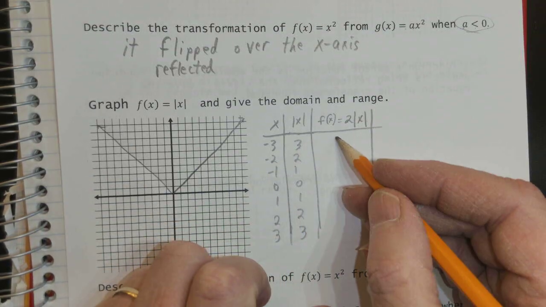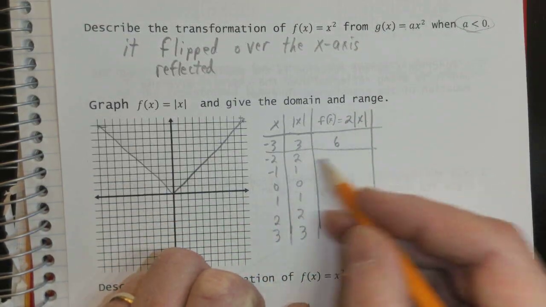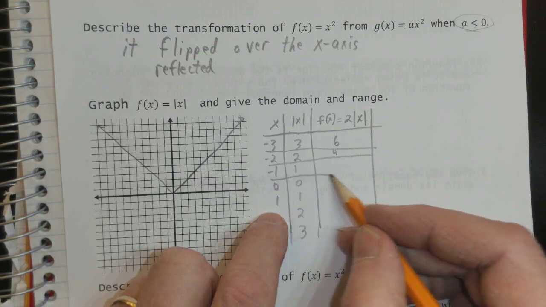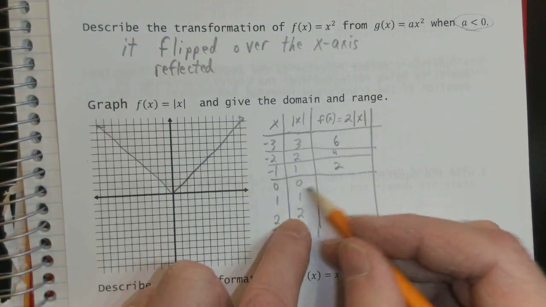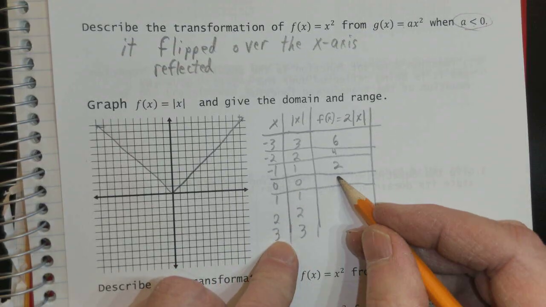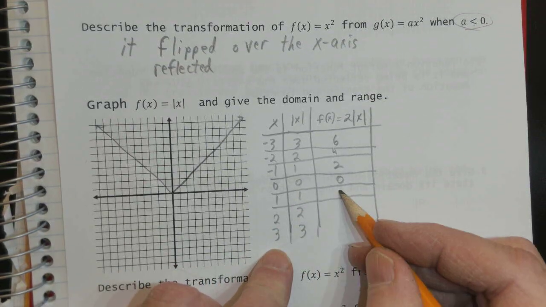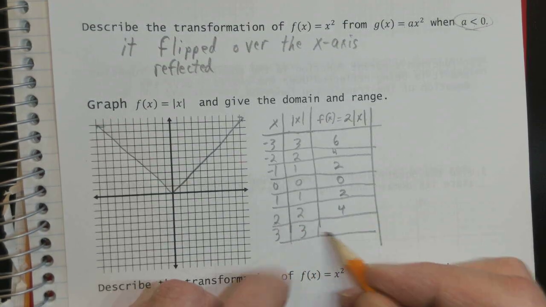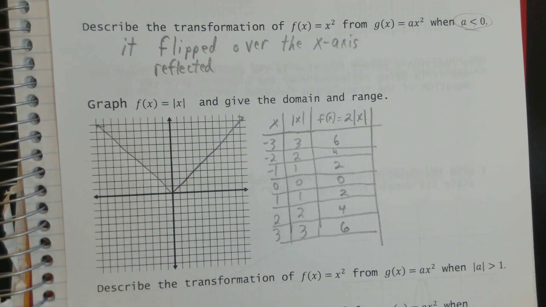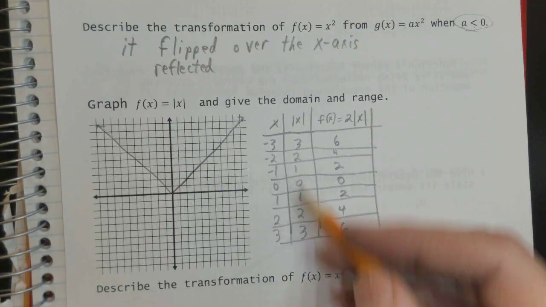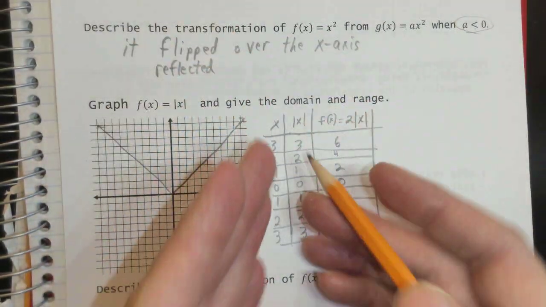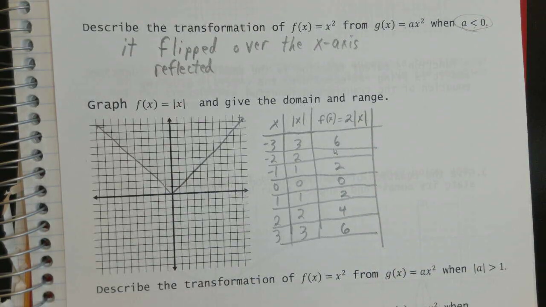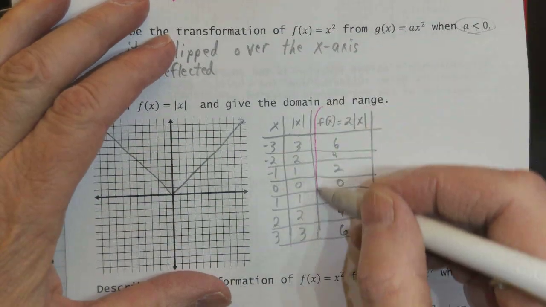So 2 times 3 is 6. 2 times 2 is 4. 2 times 1 is 2. 2 times 0 is 0. 2 times 1 is 2. 2 times 2 is 4. And 2 times 3 is 6. All right, so I multiplied each one of the absolute values by 2.